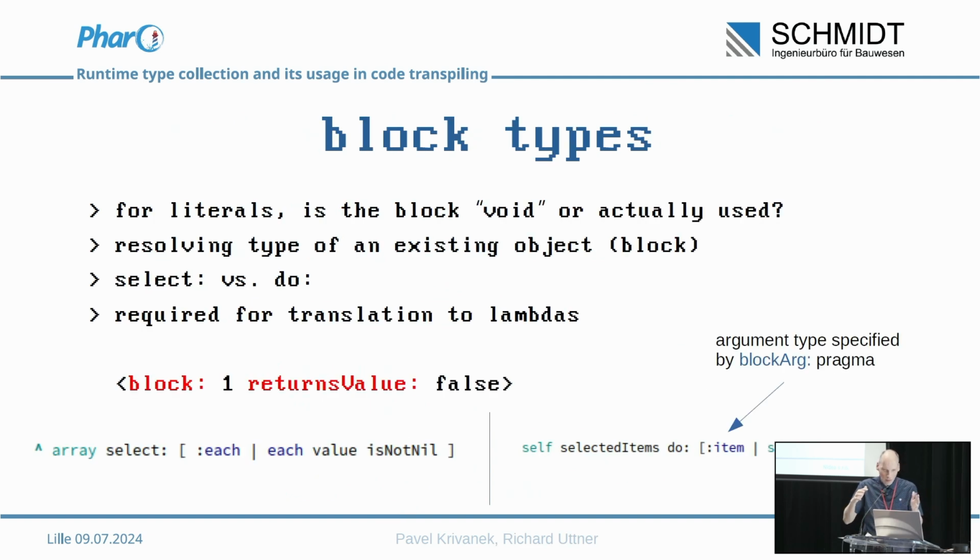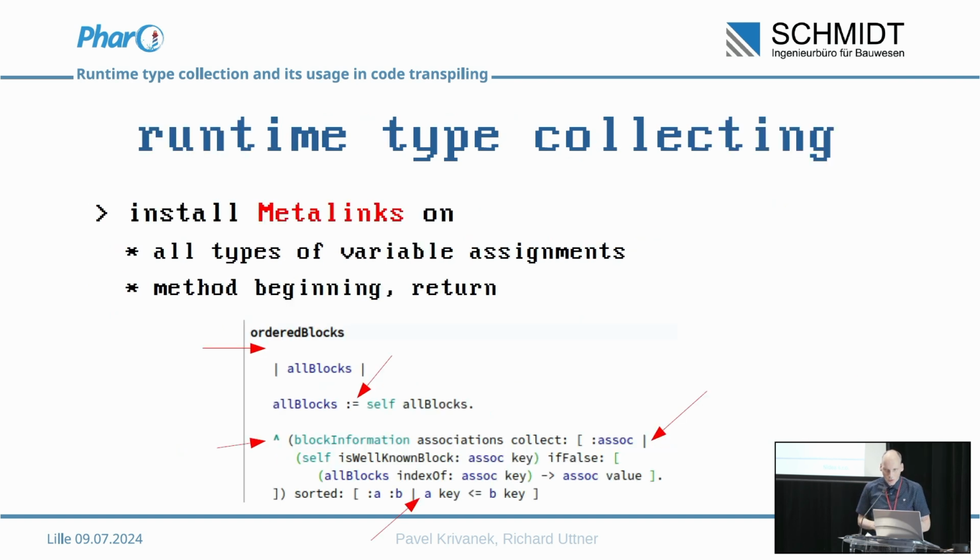For example, in select, you always want a block to return a Boolean expression, a Boolean object, but in do, you are not interested in the last expression of the block. And in that case, its type can be actually arbitrary. I mean, a type of the last result of the block. So for that reason, we need to detect if the return value is actually used.